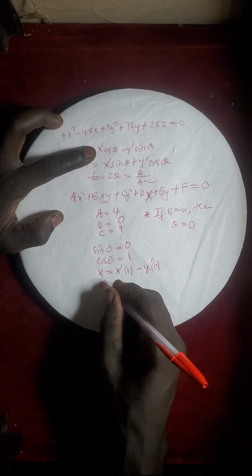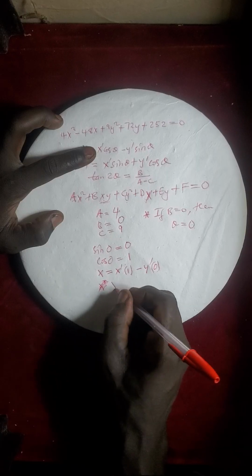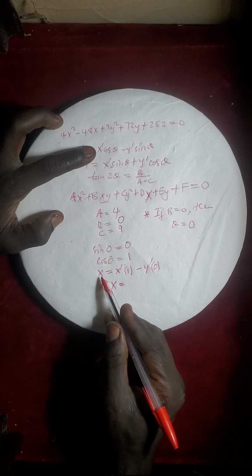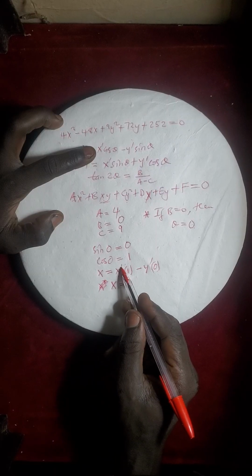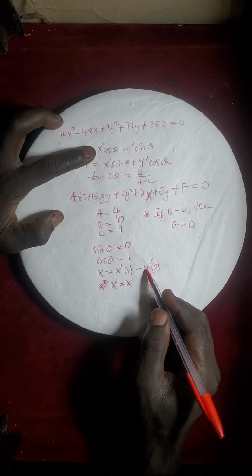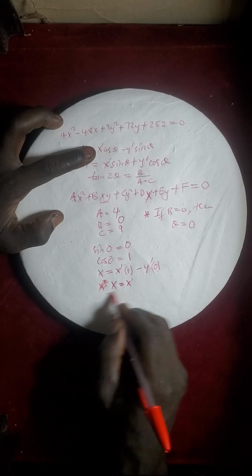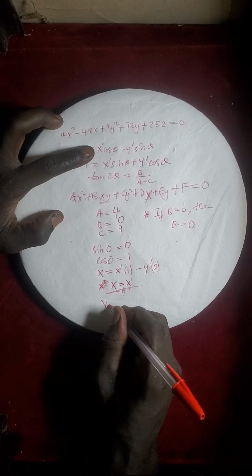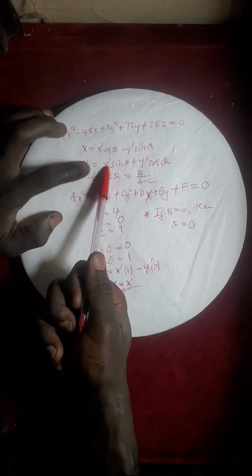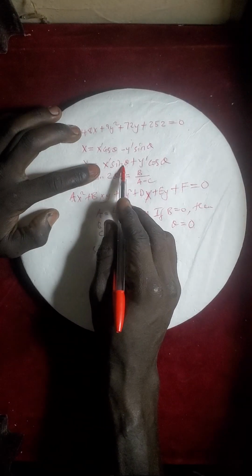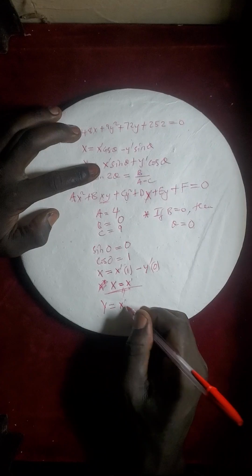To simplify this, sine has been gotten rid of as well as cos. So x equals x prime. What is x prime? It is just x prime times 1, x prime. Then anything times 0 is 0. Then for y, it is x prime sine theta, which in our case is 0.